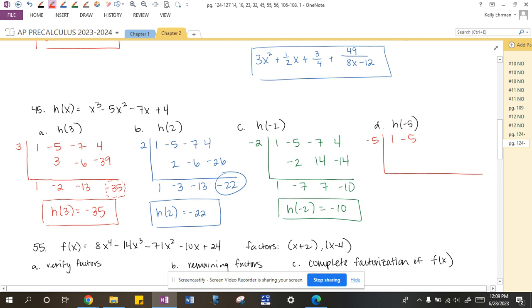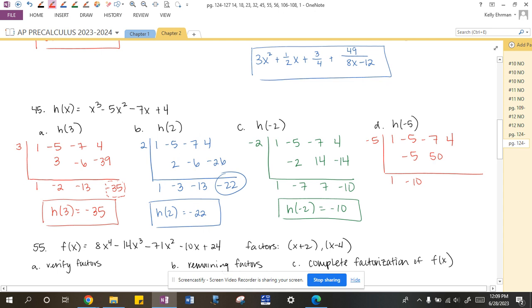I find that when we have a quiz or a test over this, in years past, in pre-calculus classes, when students get this question, evaluate the function using the remainder theorem, students remember that they're supposed to do synthetic division, and then instead of just saying h of 3 is -35, they'll tell me h of 3 is x squared minus 2x minus 13 minus 35 over x, like, they'll give the entire quotient.